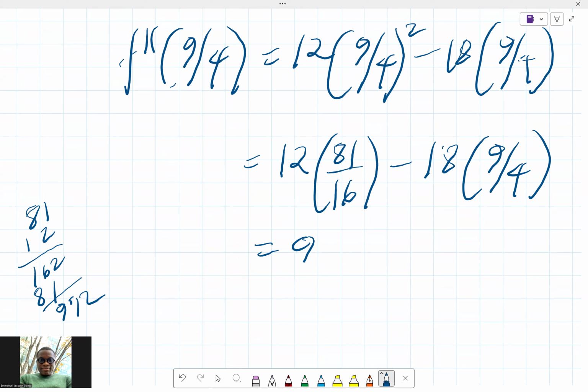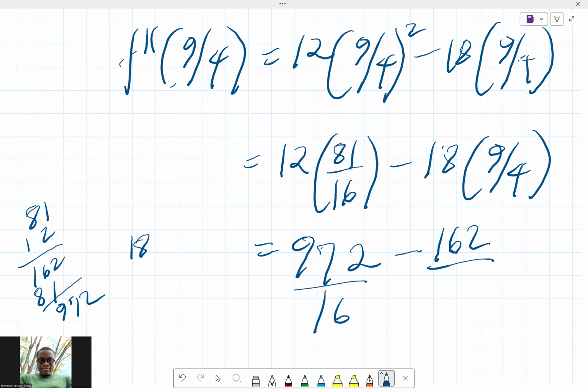So this is 972 minus 18 times 9. 18 times 9 is 9 times 9 times 2, that's 81 times 2, all over 16. So 81 times 2 is 162 all over 4 down there. So this can go, and then we are back here.